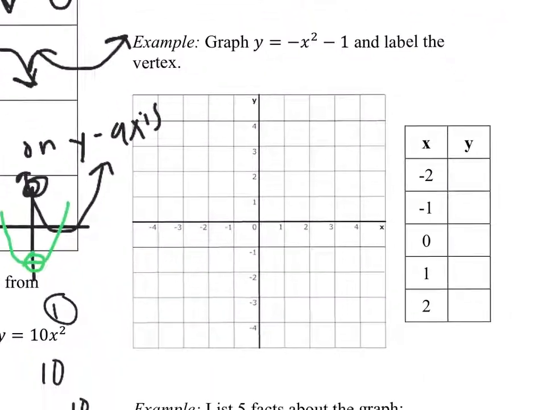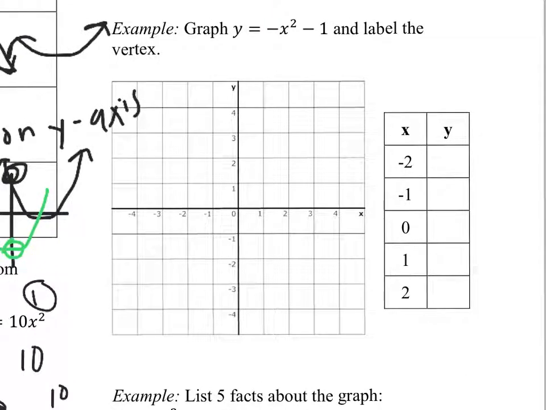Next one I'm going to graph -x squared minus 1. So the y-intercept is -1 and it's opening down. So what I'm going to do is show plugging in -2. So it's going to be the opposite of -2 squared minus 1.